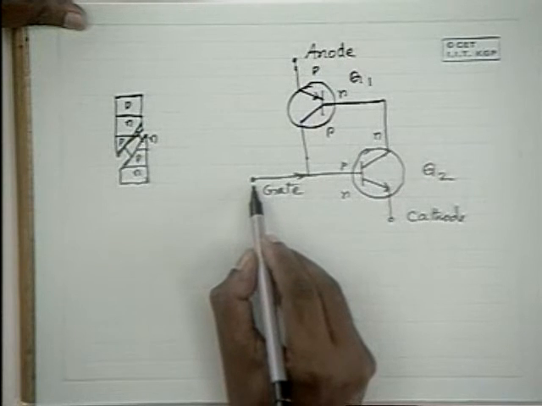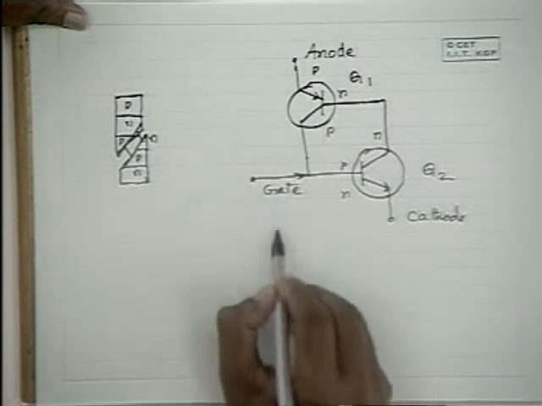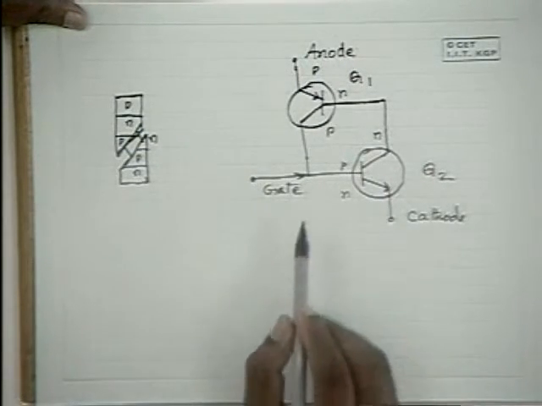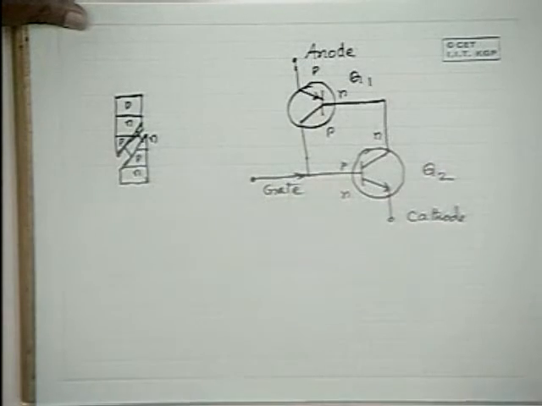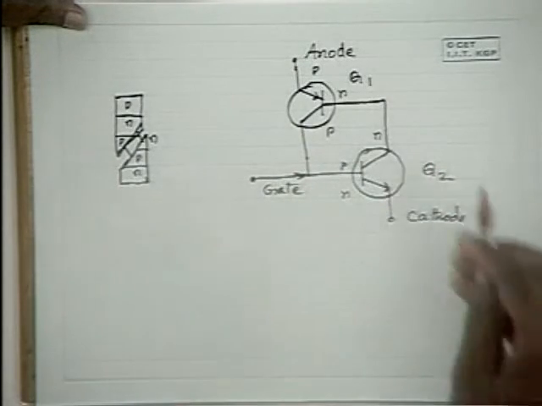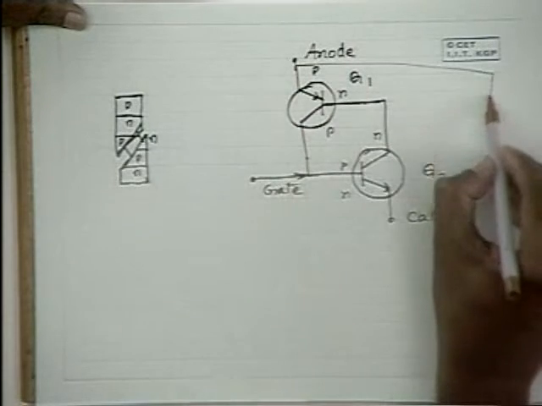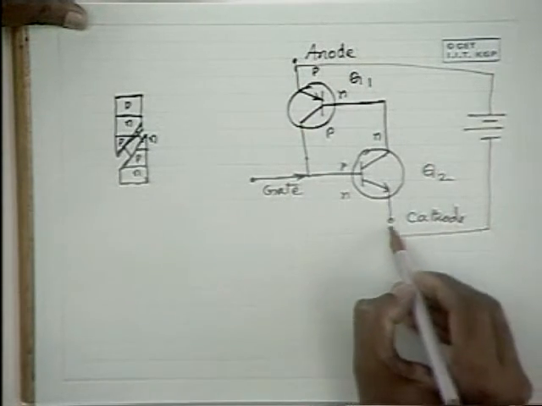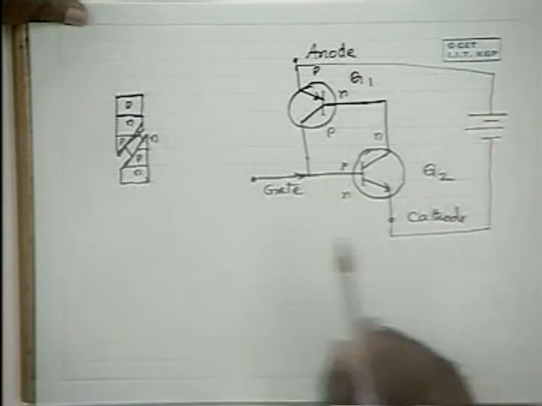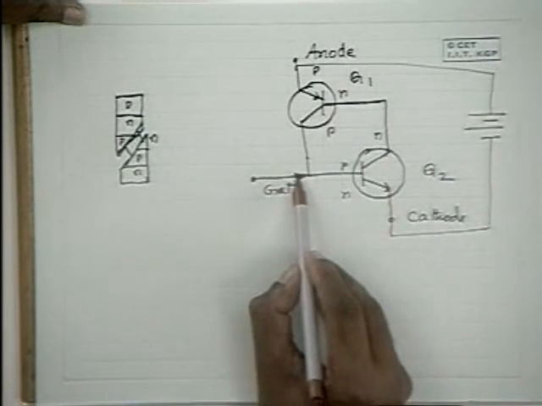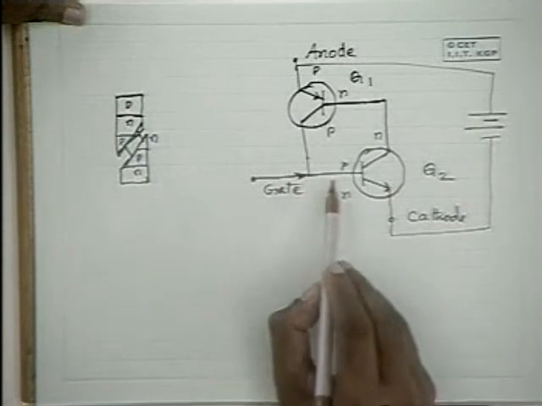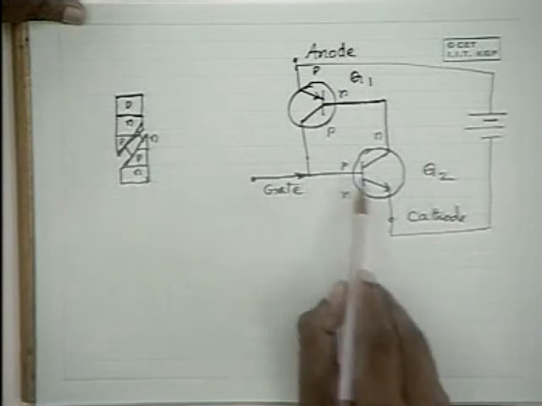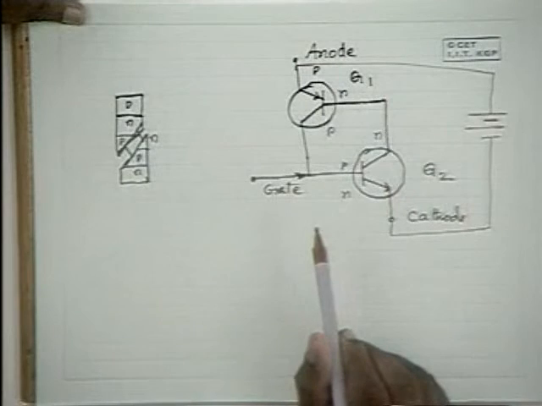Now when the gate is open, if you apply some potential between the anode and the cathode, what happens? Please note that when the gate is open here, this PN junction is not forward biased.